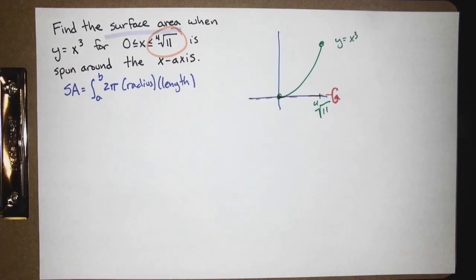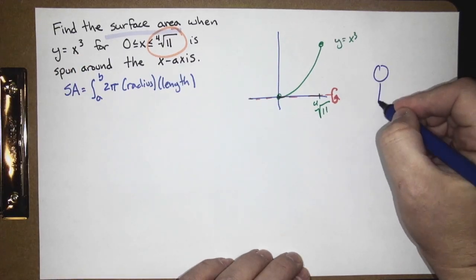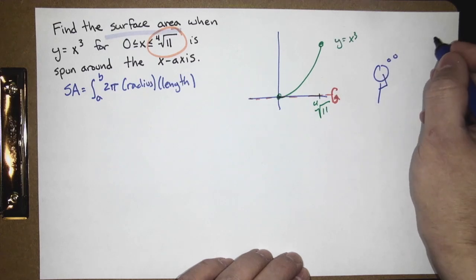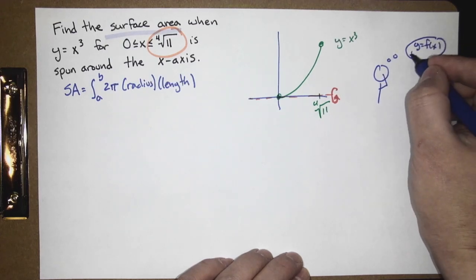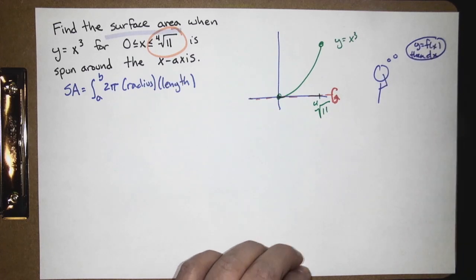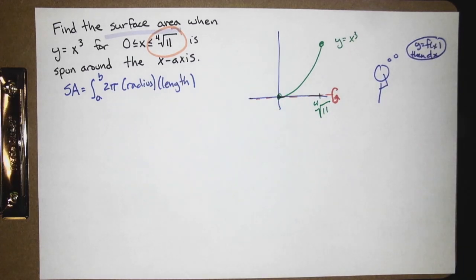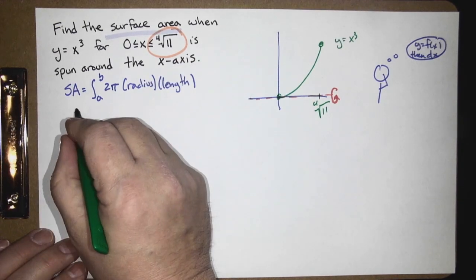And so when I see that, I have a thought: if I see y as a function of x, then I should go dx. So I should integrate with respect to x. If my problem says x is a function of y, my thought is I should integrate dy. So since it's presented to us as functions of x, I'm going to stick with x. Okay, so we're going to integrate with respect to x.